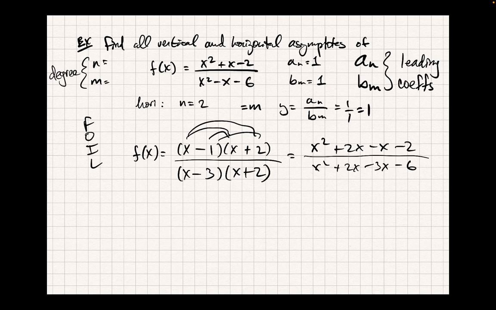So n is 2 and m is 2. If they're equal, then my chart of rules says I can use the ratio of the leading coefficients to find my horizontal asymptote.